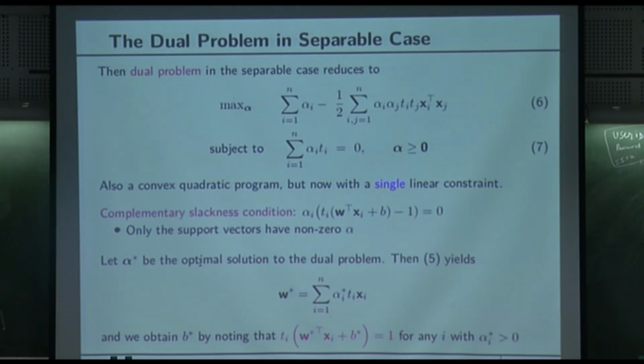If you were going to solve this problem, you got the value of w and you also have alpha star, would you pick any one where alpha star I is greater than 0 and solve this, or would you do something else? When you do something numerically, always allow for the possibility that things are noisy.